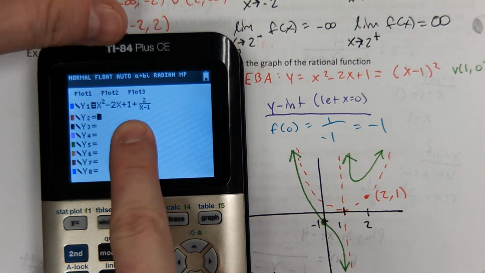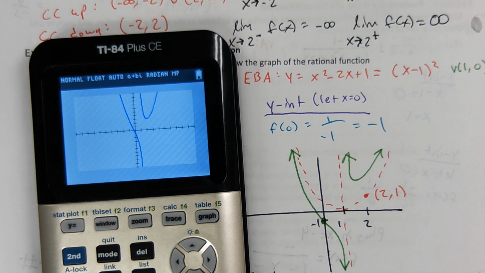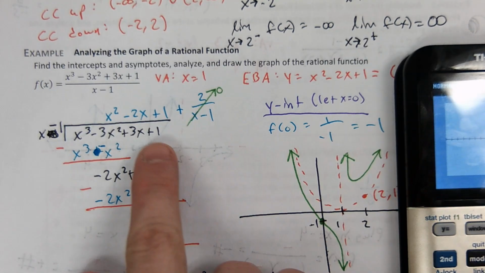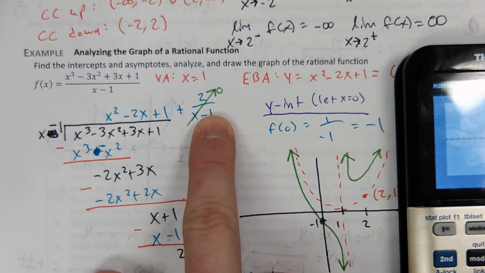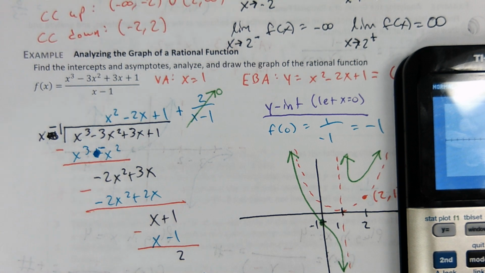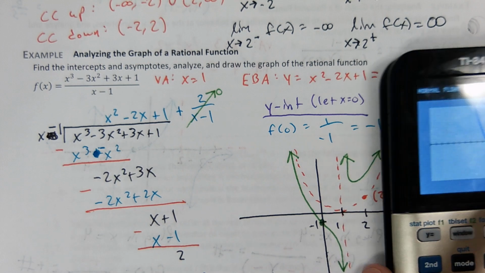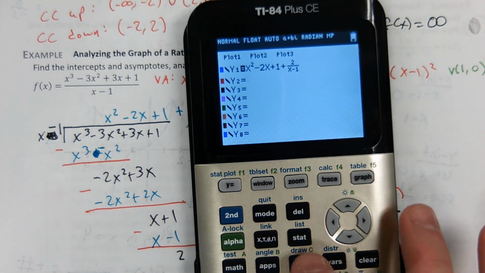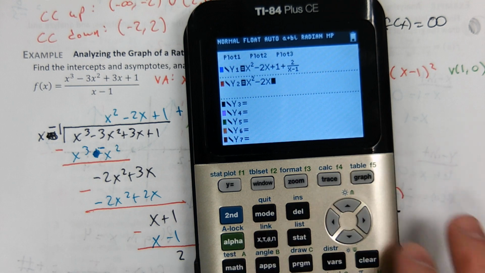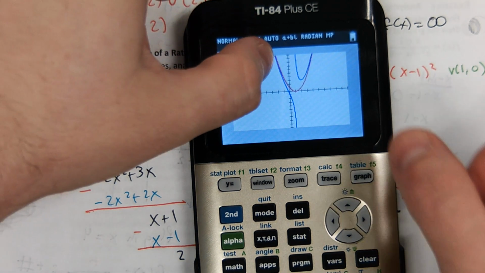That's the end-behavior asymptote if I include the 2 over x minus 1. That shouldn't surprise anybody, because if you leave that there, it's exactly the same thing as if you had just said this over this. That's why that's our graph. But if you discount this part, what you get is the end-behavior asymptote. And it just gets really close to the end-behavior asymptote on the left and the right side.